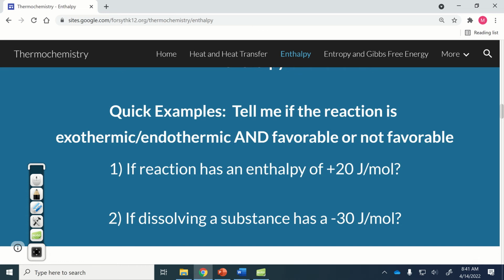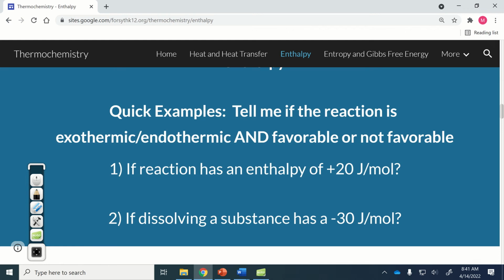So clearly exothermic goes with favorable, endothermic goes with not favorable, because we want to lower the energy to be a favorable reaction. Again, a reaction that would like to occur and can occur on its own. That's what we mean by favorable or spontaneous. It's something you can set there and it'll eventually do it on its own. You might not feel a lot of heat. This is not like all this heat's released immediately. It's when a mole of the substance goes, and maybe that takes some time.